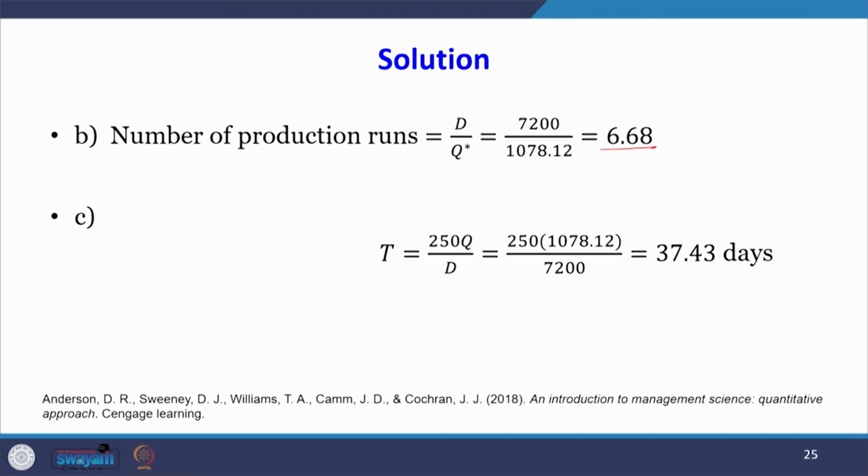The cycle time is the number of working days divided by the number of production runs, that is D by Q. When you simplify it will be 250 Q star by D. So, this is 37.43. That is our cycle time.